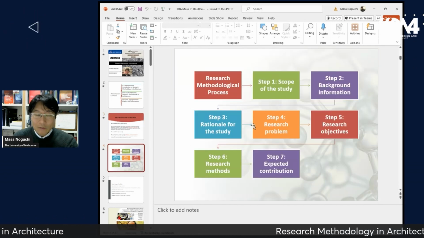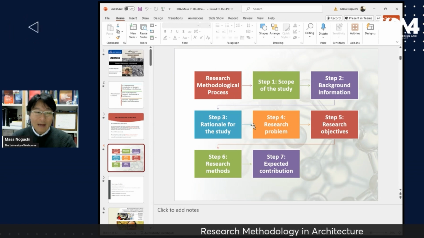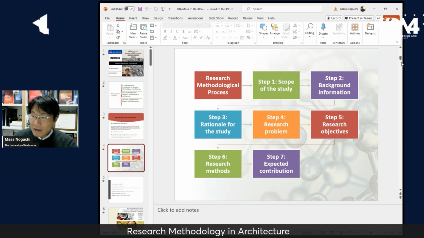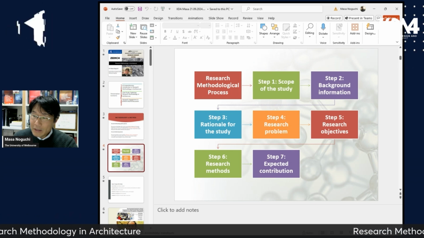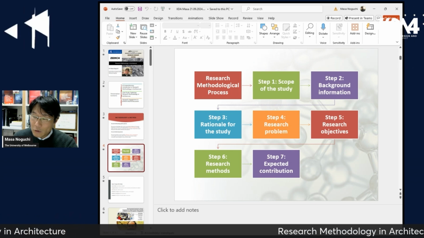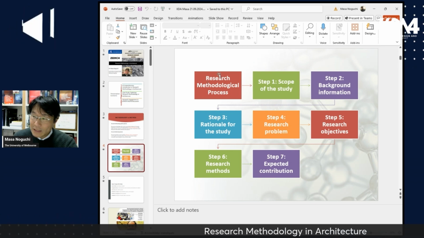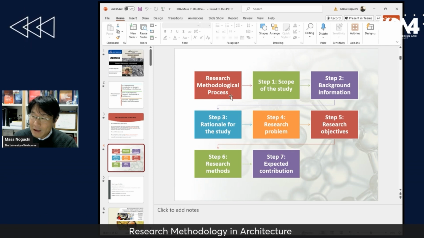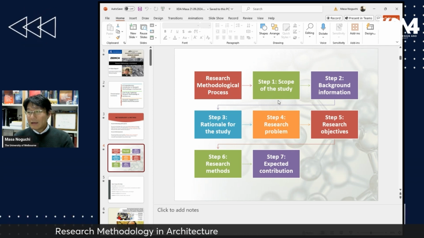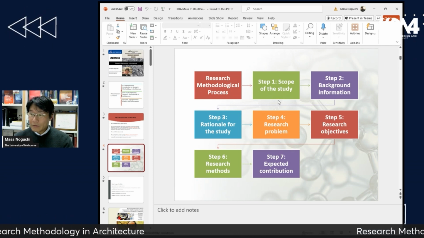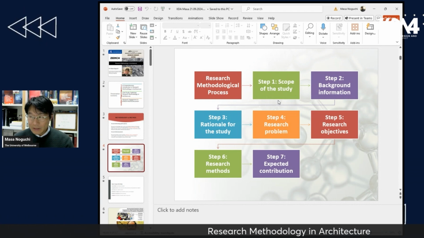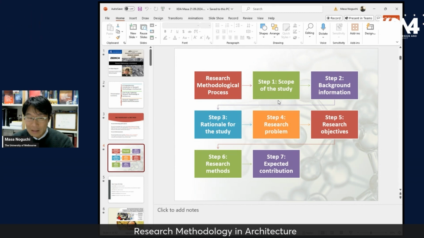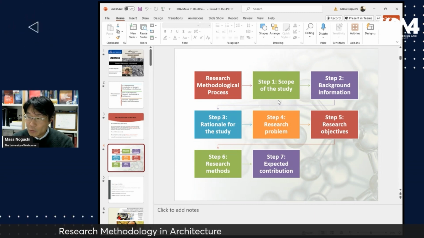For the purpose of this study, I simplify the steps that can constitute the research methodological process. Step one is the scope of the study, which is the area, subject, and topic that the researcher is working on.